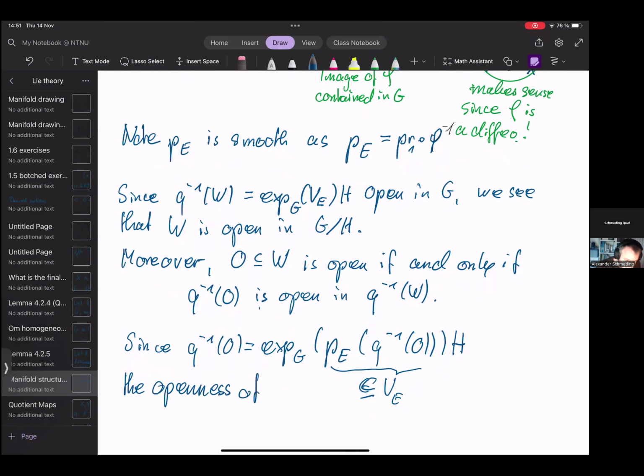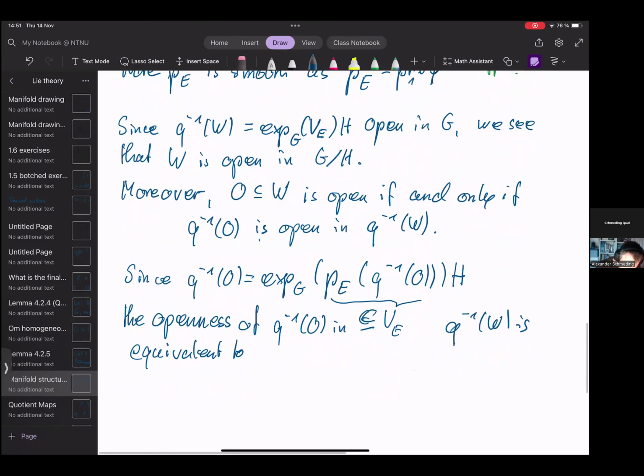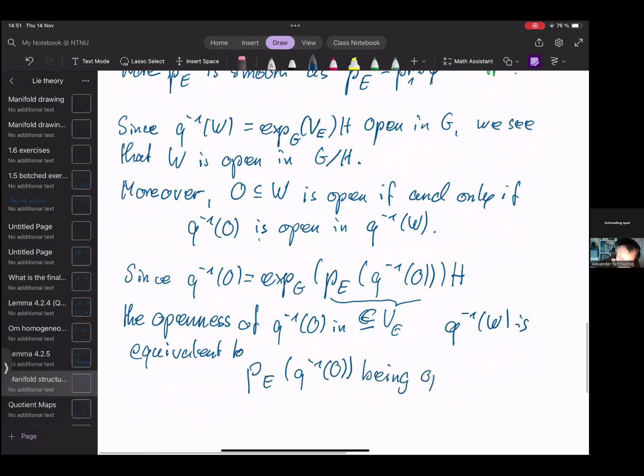of Q inverse of O in Q inverse of W is equivalent to the set PE of Q inverse of O being open in VE now.